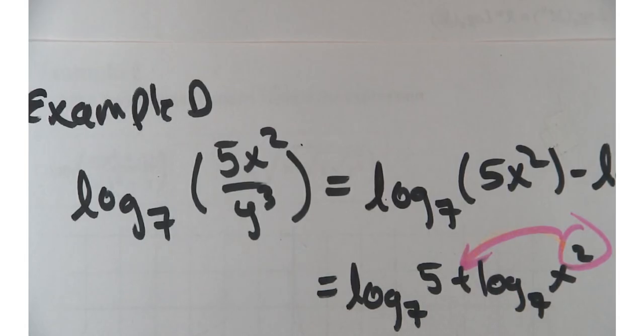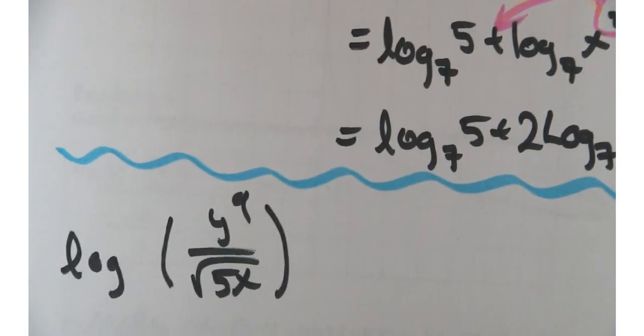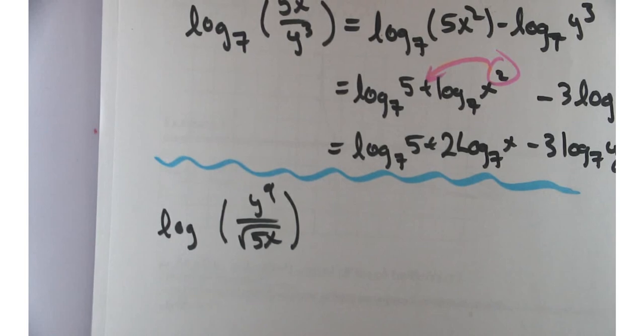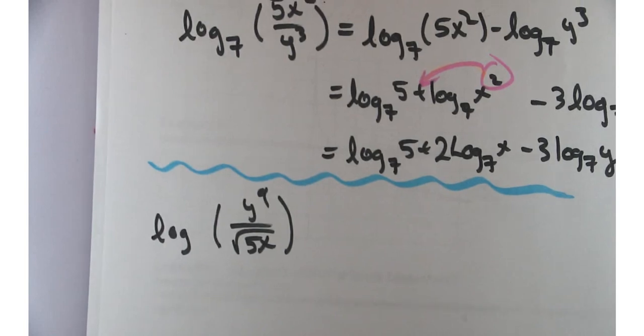So the log of y to the 9th over the square root of 5x. Adrian, where do you think we should start? What rule can we use to get going here?